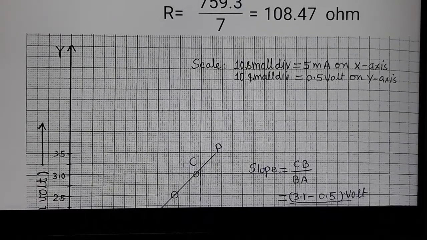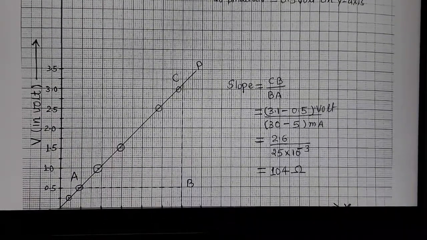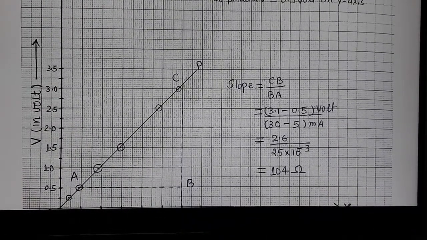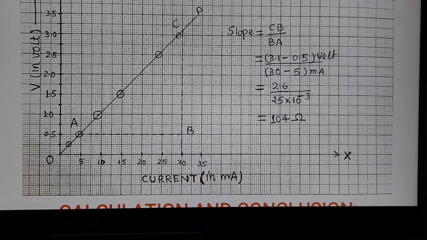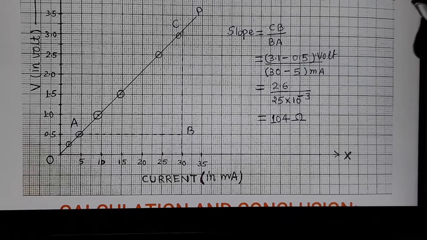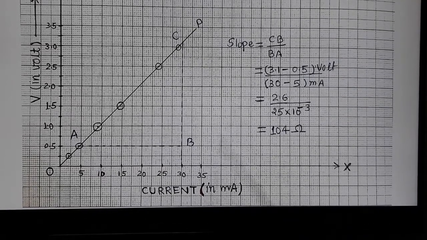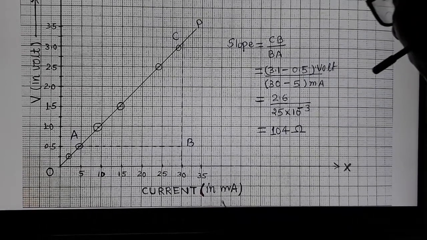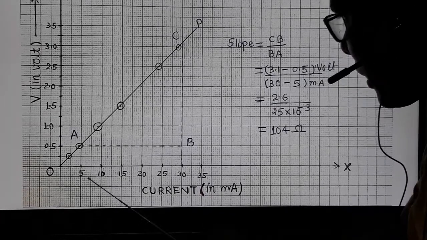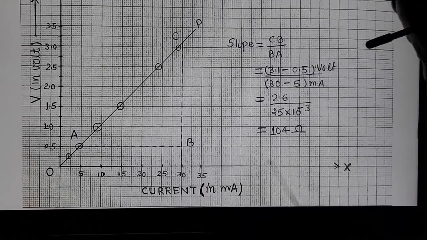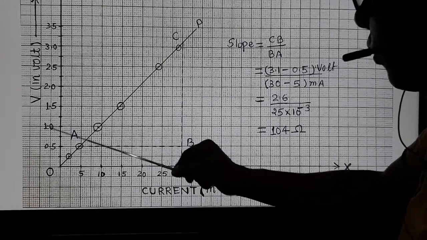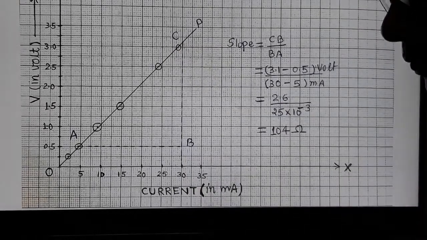Now, with the help of the readings of the voltmeter and ammeter, that is in milliampere, we draw a graph with current in milliampere on the x-axis and voltage in volt on the y-axis.